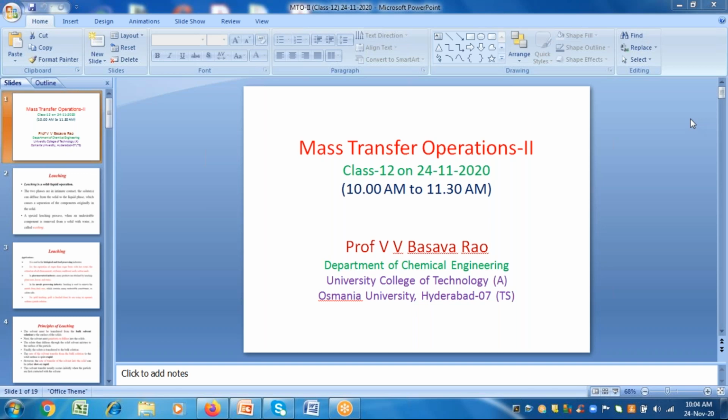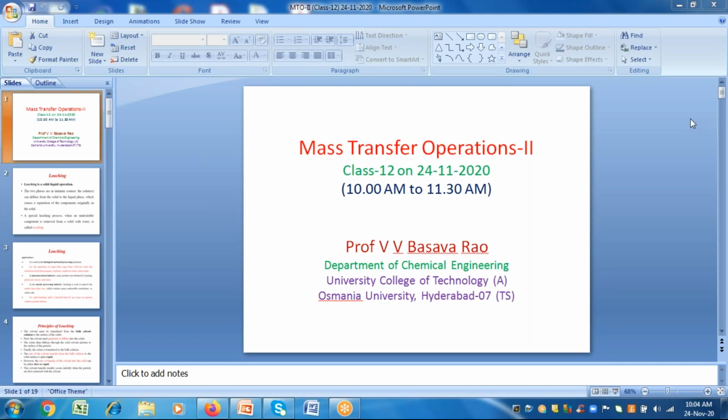So if you generalize the mass transfer operations, one can understand that simply they can be described by using these design diagrams, maybe the McCabe diagram or HXY diagram or NXY diagram, whatever it may be.